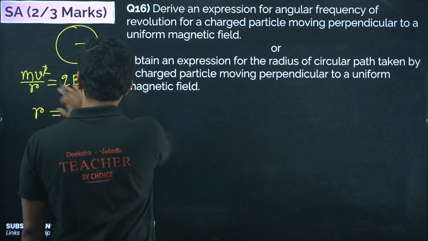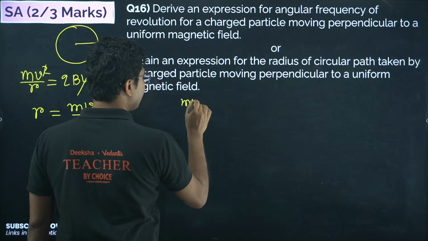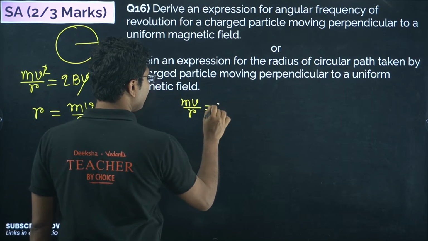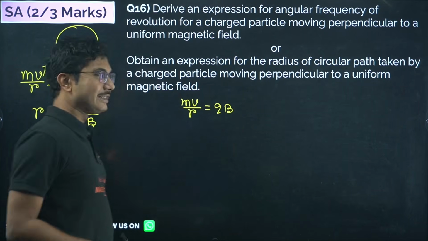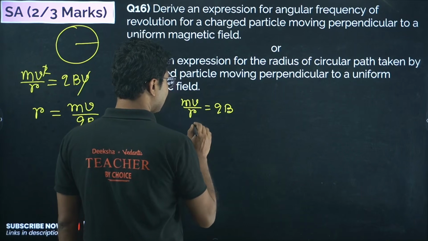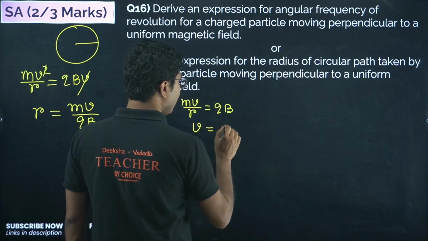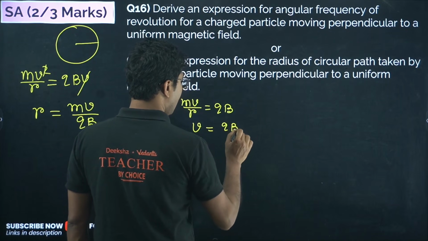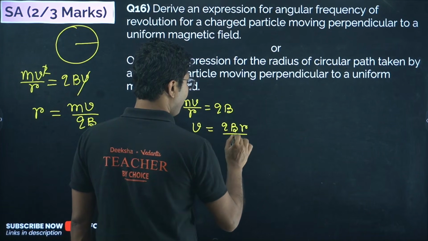So mv by r equals QB. We'll start from here. One V cancels, these two V's are the same. So now V equals QB r by m.